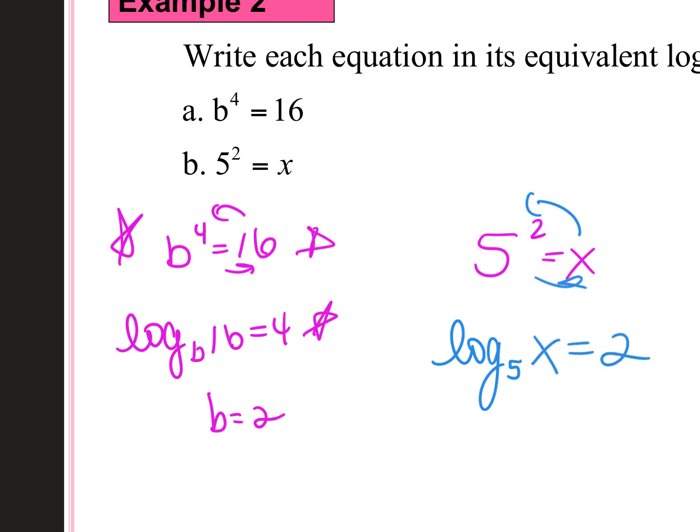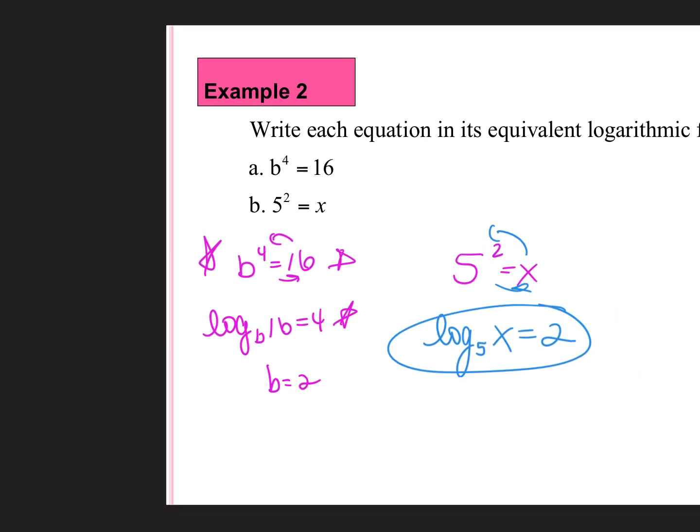So what that says is 5 to what power equals 25? So if you started off here, I would change it to exponential and then solve if they're just asking you to solve. But if you're just going from one to the other, remember, if you start off in logarithmic, the little number becomes the big base, and the two things switch. If you start off in exponential, the big base becomes the little number, and then you switch. That make sense?